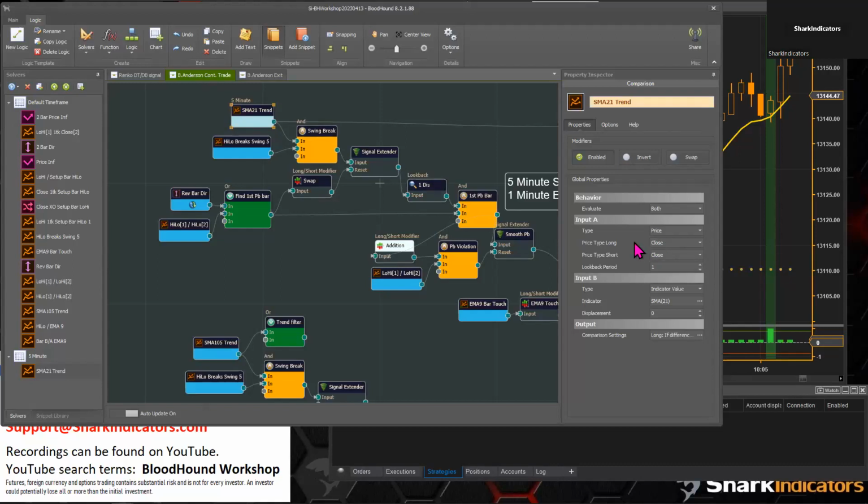Solvers do not mix and match timeframes, just to be clear. So this is the close of the 5 minute bar, and this is the SMA21 running on the 5 minute chart. There you go.